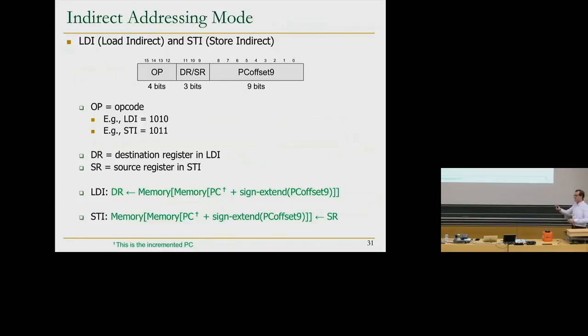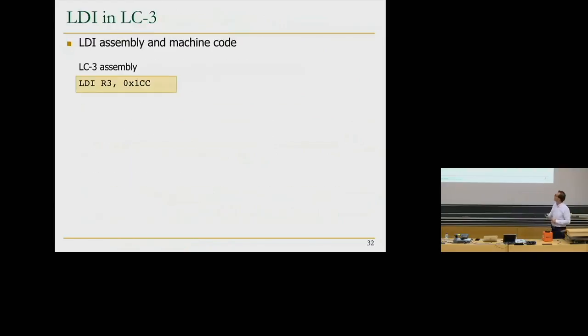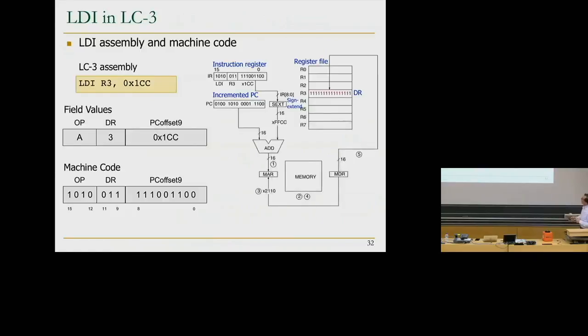You generate an address, go to memory, access memory, treat the value in that memory location as an address again, and then go to memory again. So this is the LDI. Let's take a look at how this works. Again, you need exactly the same machinery. So you first calculate the address, incremented PC plus sign-extended value. That's your address.